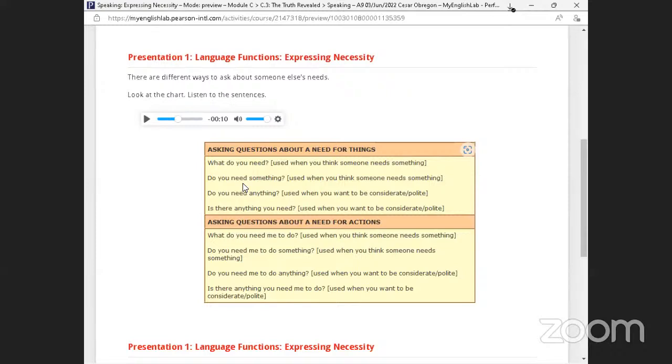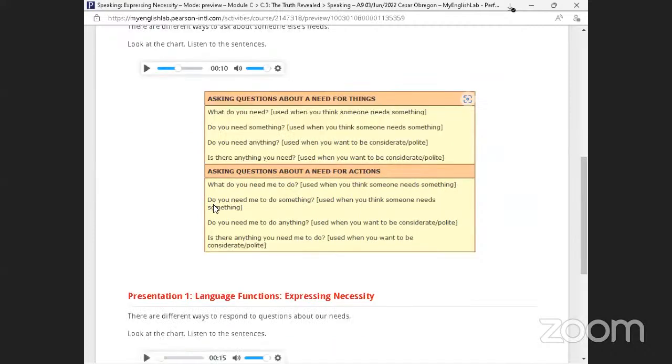It's like, I'm here if perhaps you haven't found what you need or decided what you need. That "anything" gives a lot of context, makes everything sound more polite.